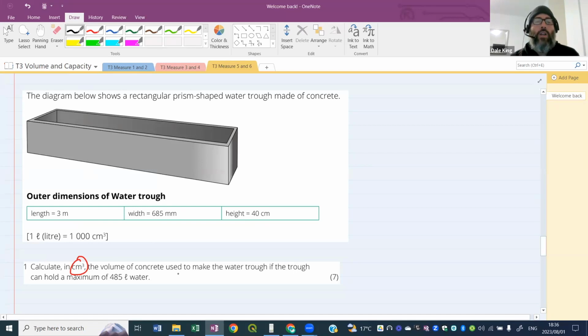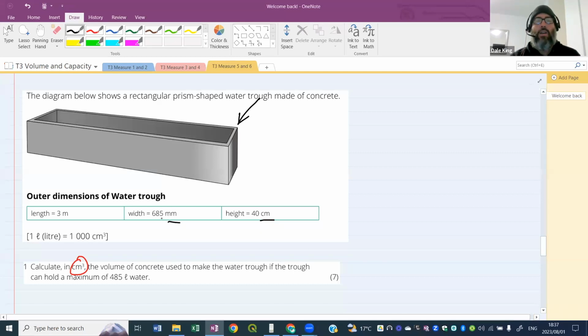The concrete. There's no concrete inside here. They're talking about this layer of concrete. The width looks a lot bigger, but we've got millimeters here for width and 40 centimeters there for height.